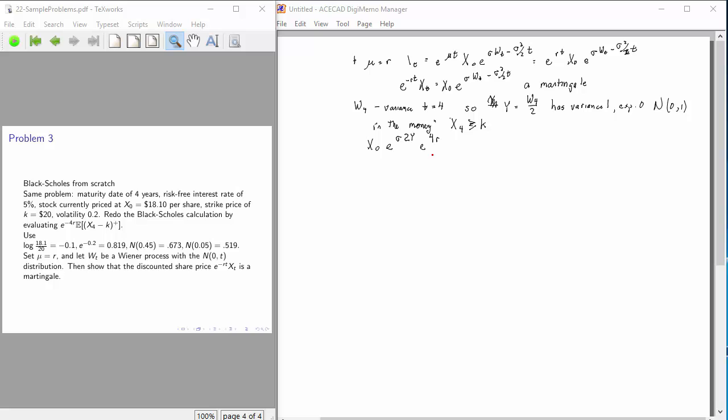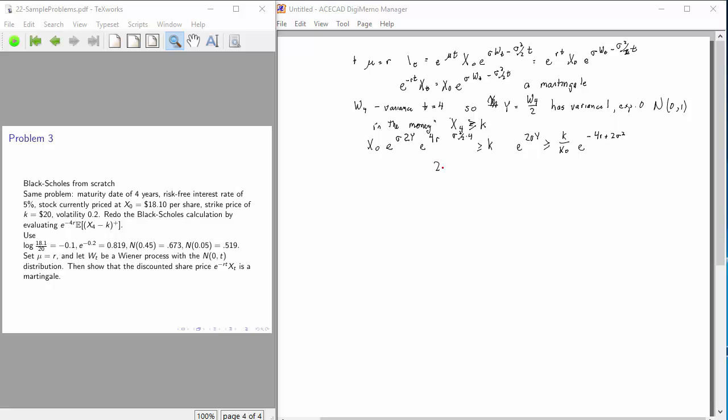I've moved that factor over to the other side of the equation, minus sigma squared over 2 times 4. That has to be greater than or equal to K. If I solve for the exponential of the quantity involving y, I get K over X naught times e to the minus 4r plus 2 sigma squared.